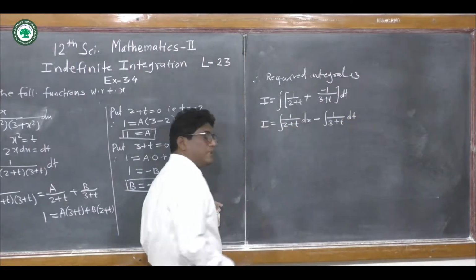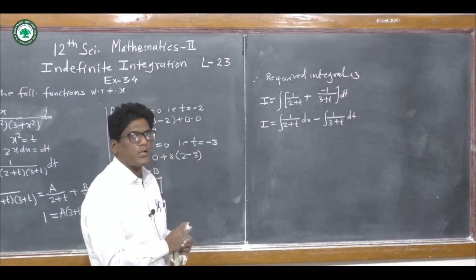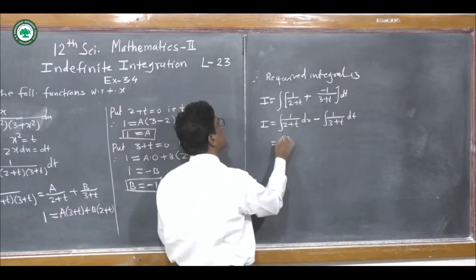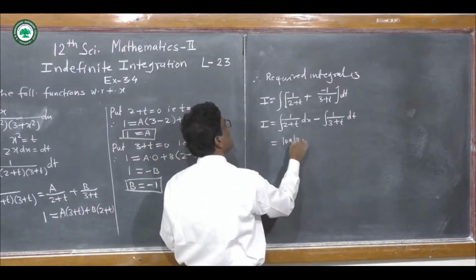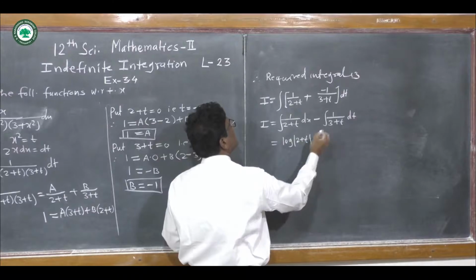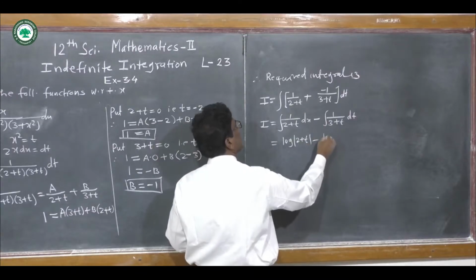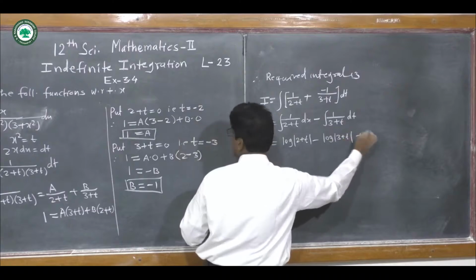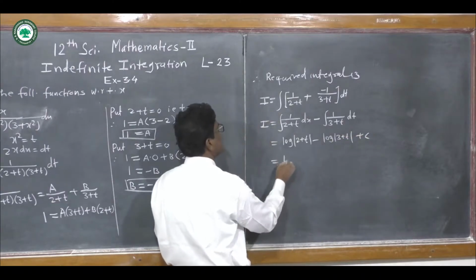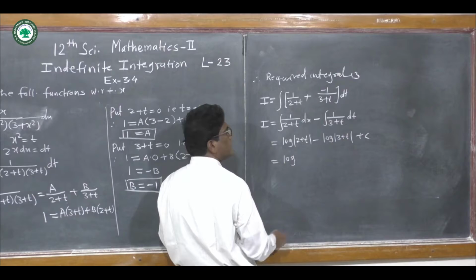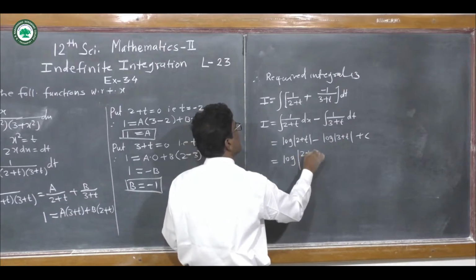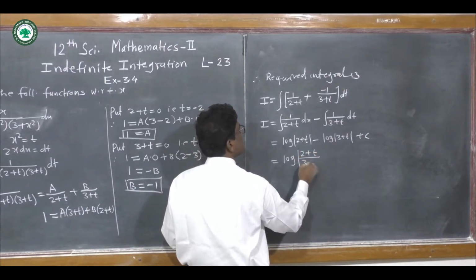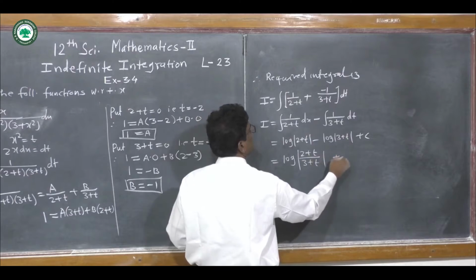Now we know that the integration of 1/t is log of t. So this is equal to log of (2 plus t) minus log of (3 plus t) plus constant of integration. So it is equal to log of (2 plus t) upon (3 plus t) plus constant of integration.